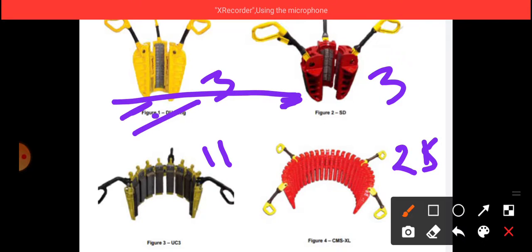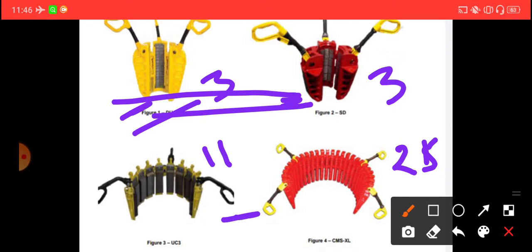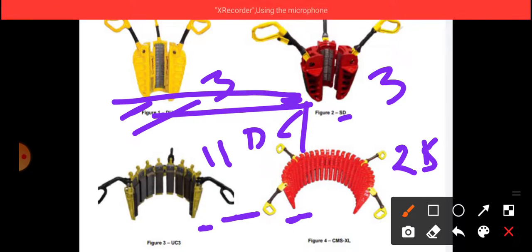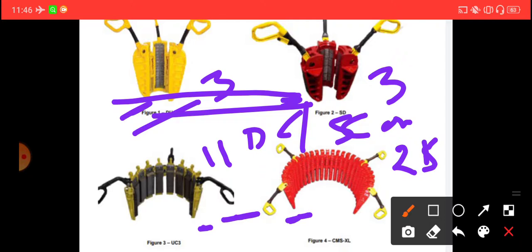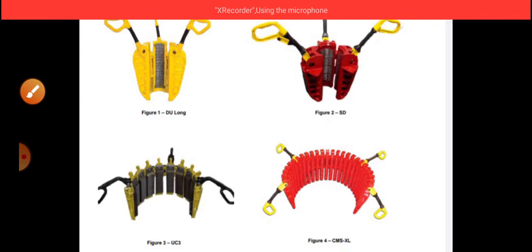But at the bottom, these two slips we are using for drill collar or casing. We don't know which one is used for the casing and which for the drill collar, but they both look the same.